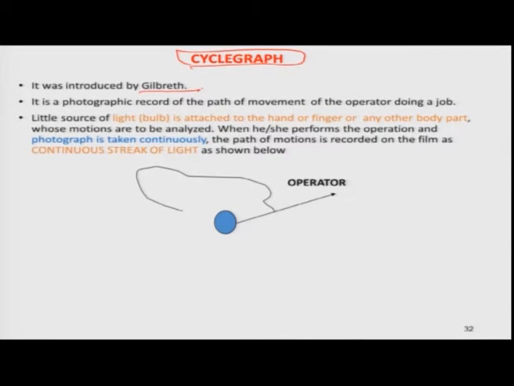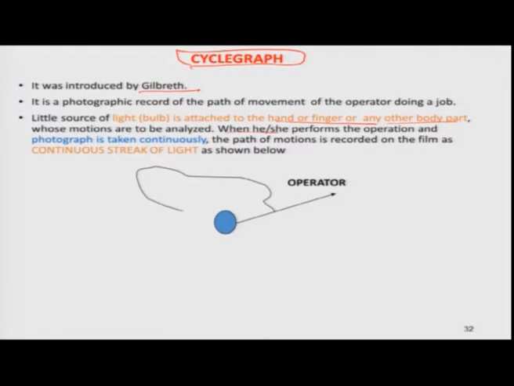It is a photographic record of the path of movement of the operator doing a job. Here what happens, a little source of light is attached to the hand, finger, or any other body part whose motion is to be analyzed. When he or she performs the operation and the photograph is taken continuously, the path of the motion is recorded on the film as a continuous streak of light as shown below.